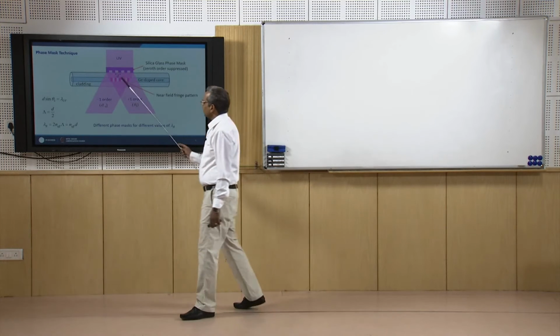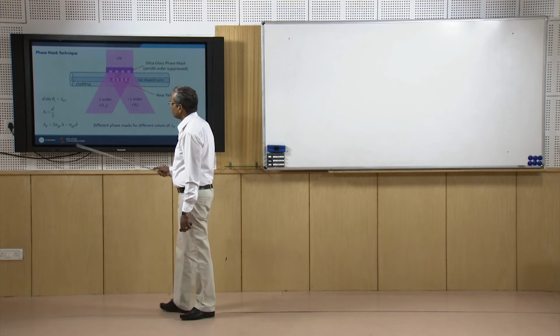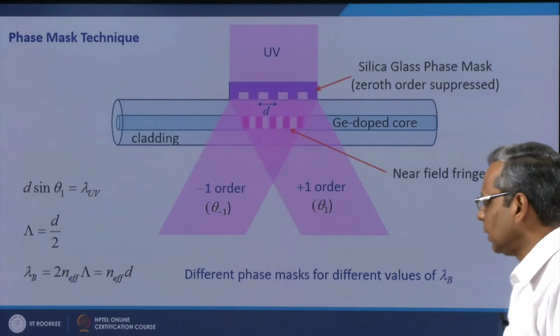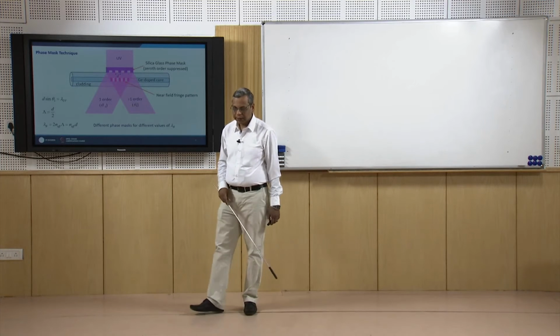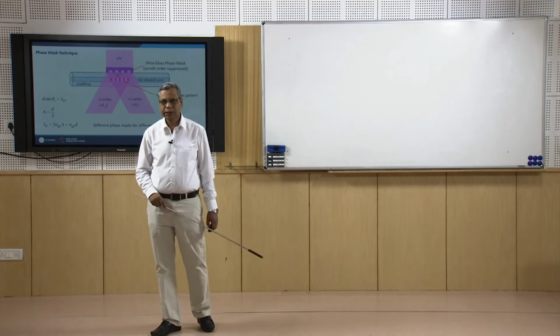So, by just changing this periodicity in the phase mask, I can change the grating period and hence I can change the Bragg wavelength. I can see from here that if I want to design my grating for different values of lambda b, then I will have to change my phase mask.